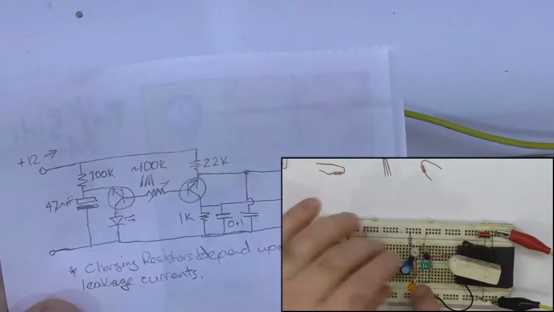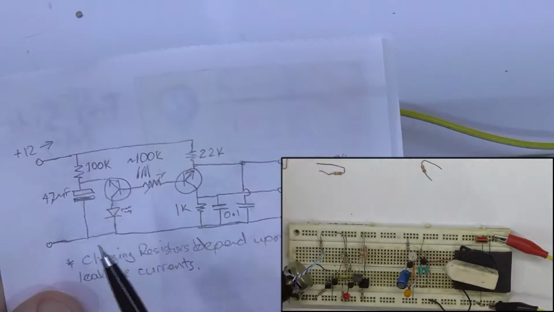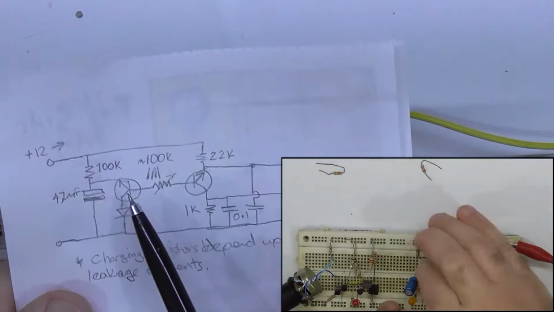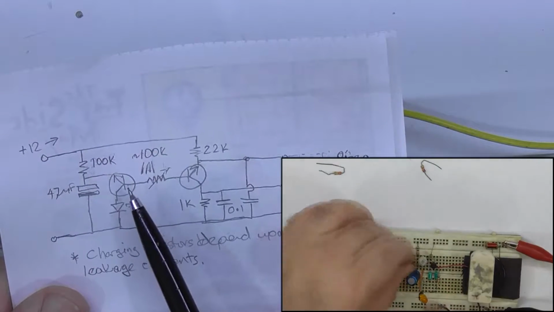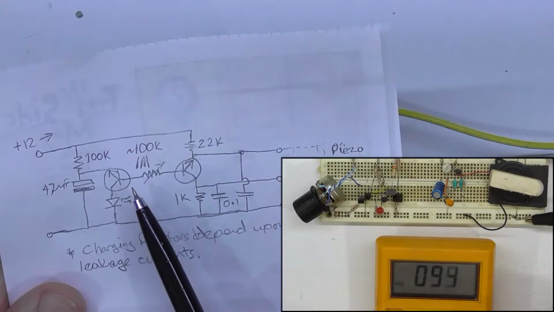So, what I believe is happening here is that this circuit is exploiting the fact that the reverse breakdown voltage between the base and emitter is quite low, on the order of 5 or 6 volts.